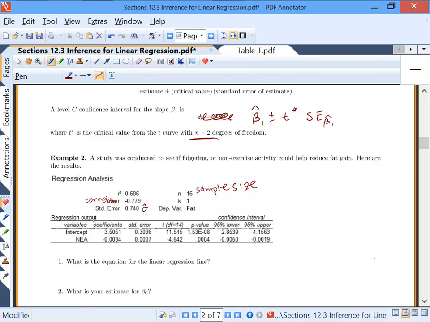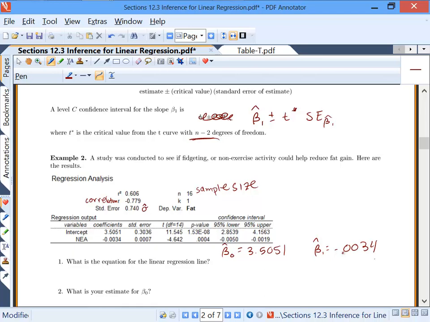Then coming down to our regression output, you have the intercept, which will always just be labeled intercept, for your y-intercept. And then your explanatory variable is, in this case, NEA, non-exercise activity. You have your coefficients. So basically, that means our estimate for our intercept is 3.5051, and our estimate for our slope is -0.0034.